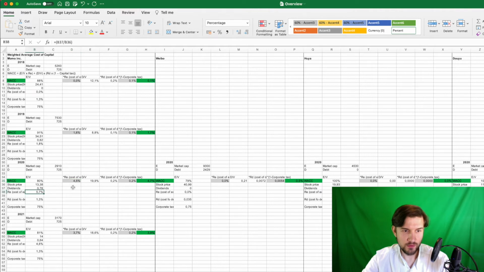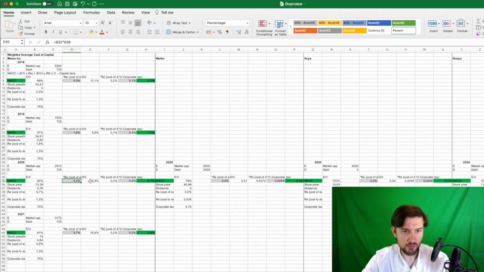So 5.7% is the cost of the capital related to those 80% of equity. The simple multiplication: we multiply 80% by 5.7 and we get 4.5. 4.5 is the portion of the cost related to equity.